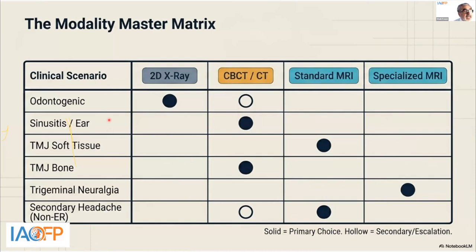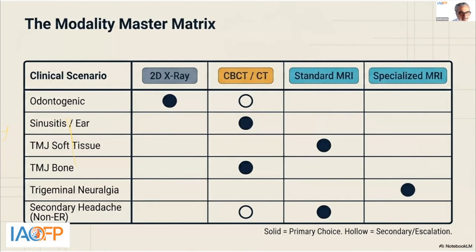For sinus or ear pain, CT or CBCT, most likely. If no findings on CBCT, request CT. For soft tissue of the TM joint, MRI is standard. CBCT or CT is for TMJ bone problems, trigeminal neuralgia, specialized MRI, and for secondary headaches, CT scan and MRI.